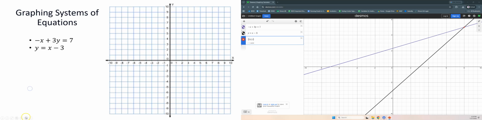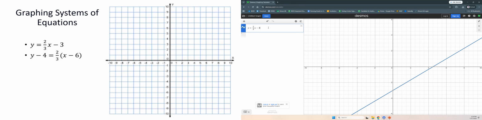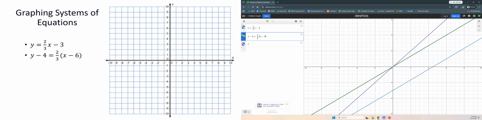Let's take a look at our last one here as an example. So we're going to get rid of these, and we're going to type in y equals 2/3 x minus 3 and y minus 4 equals 2/3 x minus 6.